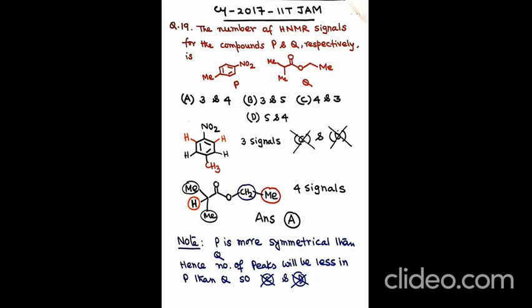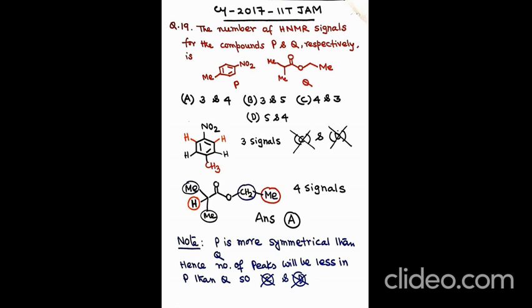So based on this we can cancel C and D, because in the C and D, P will not give three signals. Now coming to A and B, in order to pick up finally whether the final answer is A or final answer is B, we have to find out the number of signals for the structure given as Q.